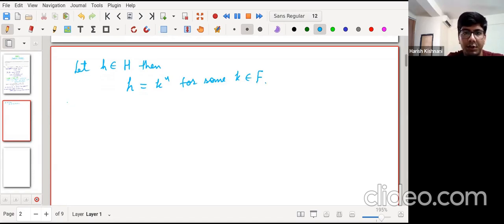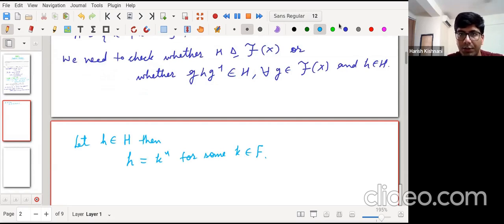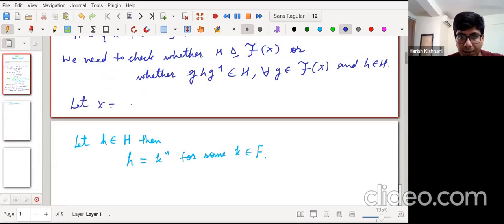Before that, I just want to add one more thing. Let's give some notation to the generators of X: x1, x2, and so on up to xr.